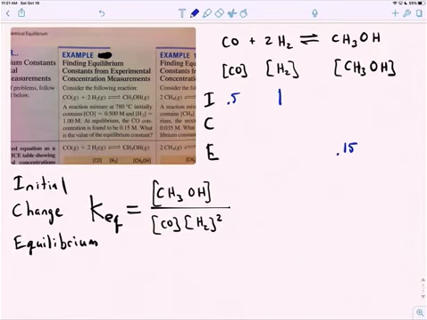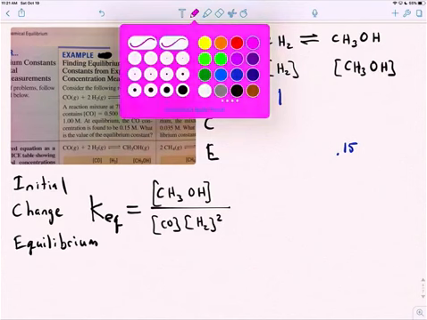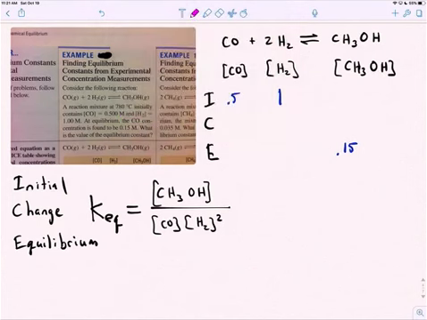Now, the idea here, and what can we infer? I'm going to infer in pink. I'm changing colors for those of you who can't see the colors. Since it says initially half molar carbon monoxide, 1 molar hydrogen, that means we have a 0 there for methanol.